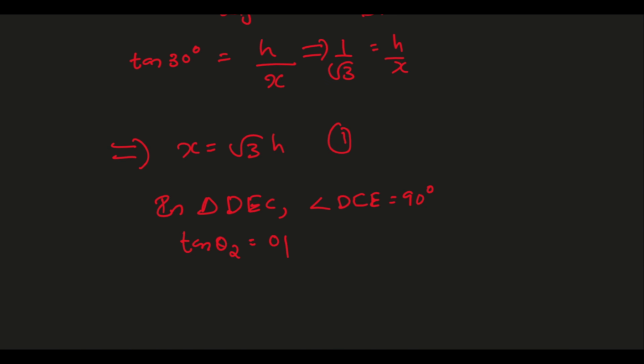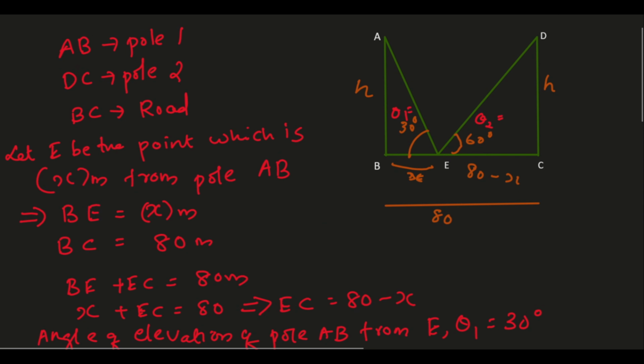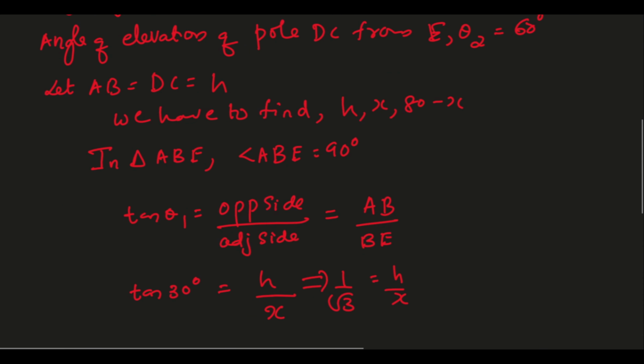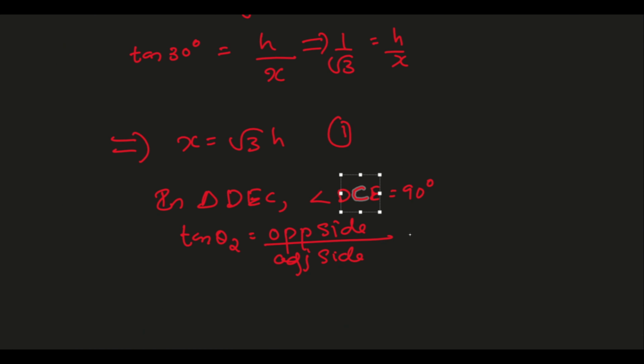Tan theta 2 is equal to opposite side by adjacent side. Opposite side of theta 2 is DC and adjacent side is EC. That is DC divided by EC.